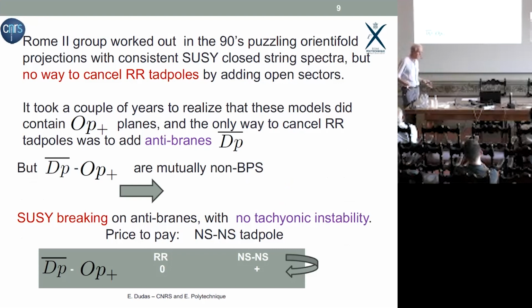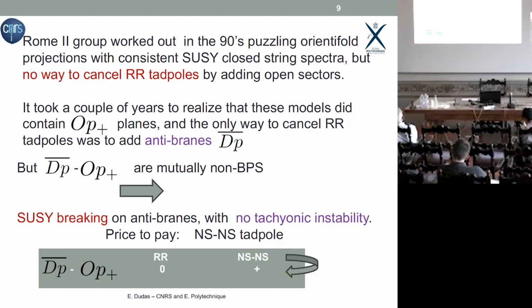There was a gravitational closed string spectrum, which was supersymmetric. The closed string spectrum looked completely consistent from the point of view of the standard rules, but they could not add open strings in a supersymmetric way. And this was very puzzling.